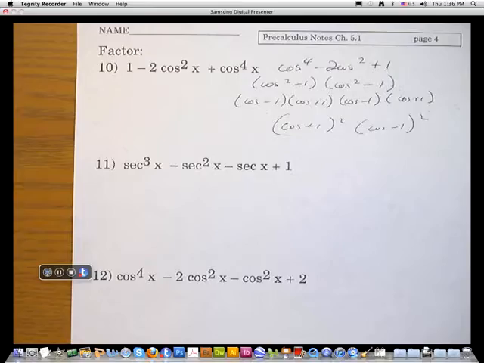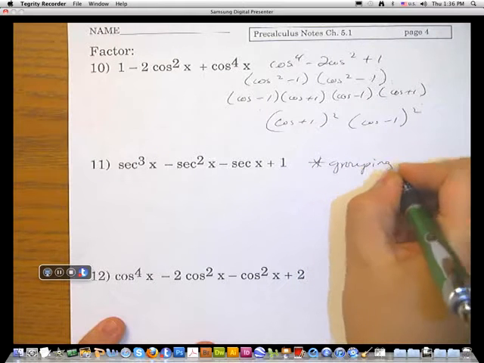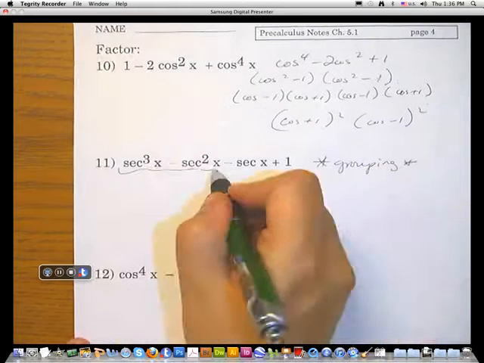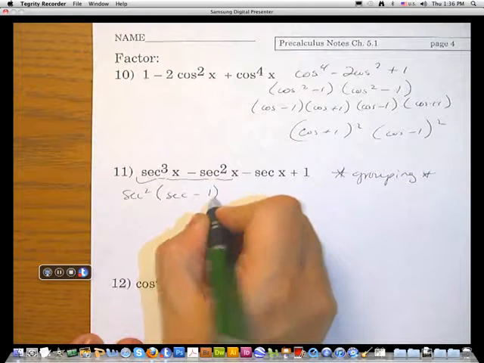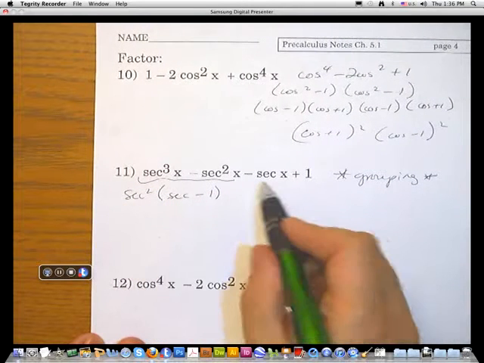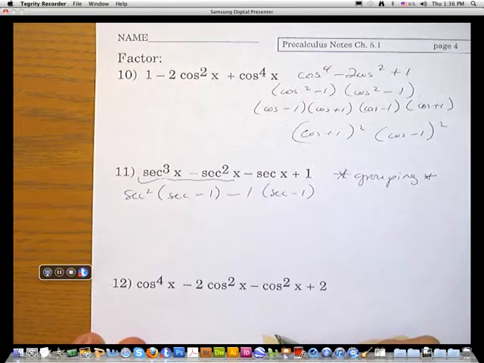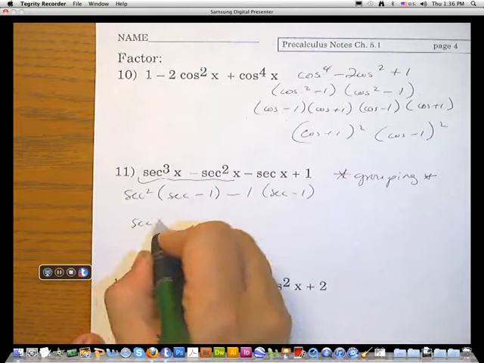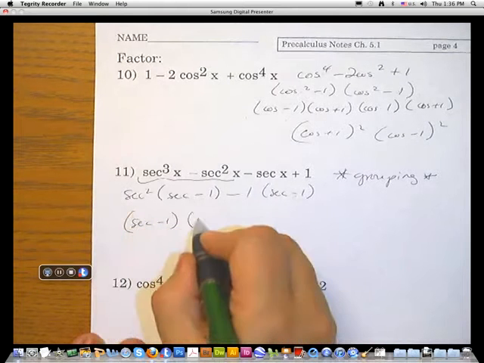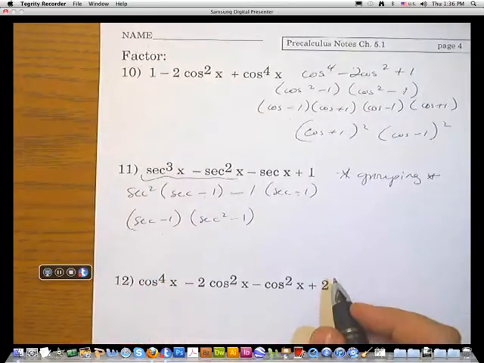This next one has 4 pieces. Anytime we have 4 pieces, we're looking at grouping. So I'm going to put the first 2 together and take out a secant squared. So that's going to leave a secant minus 1. Now I want to have the exact same thing here, secant minus 1, so that means I'm taking out a minus 1. GCF secant minus 1. Leftover secant squared minus 1. And you're good.